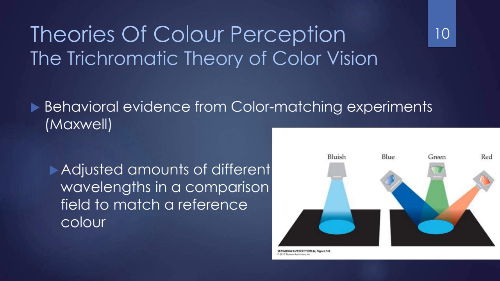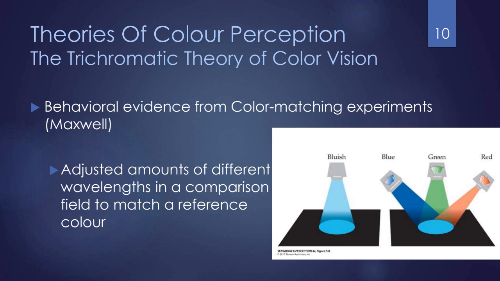So anyway, Maxwell was left out of the naming of the theory, but he did provide a lot of the behavioral evidence for trichromatic theory with his color matching experiments. Helmholtz used a similar technique as well, but this is what Maxwell did. He provided a lot of the behavioral evidence.